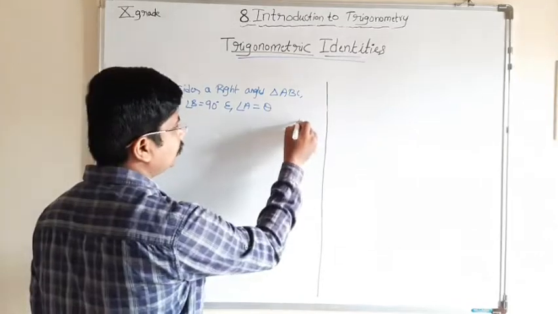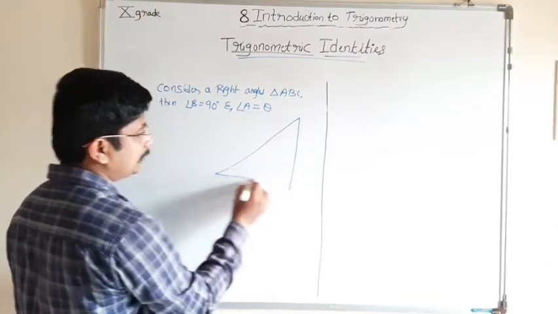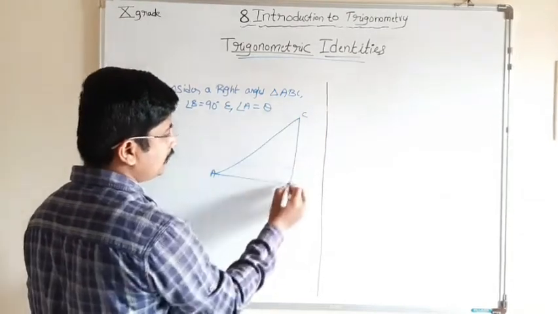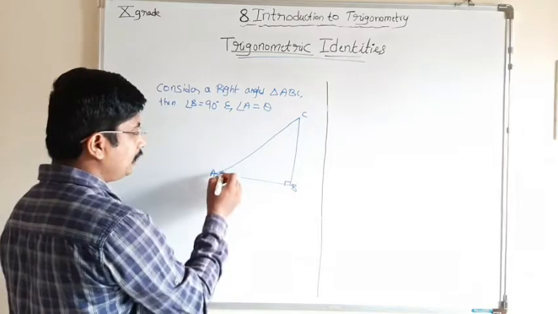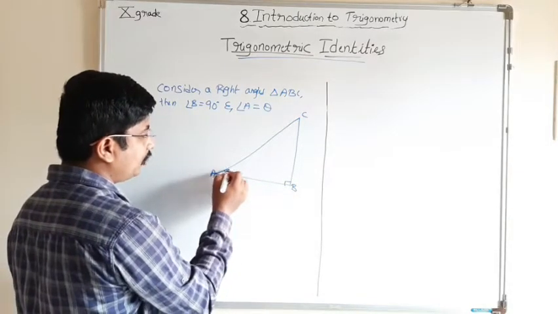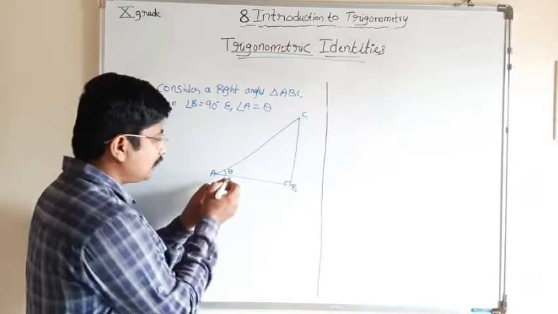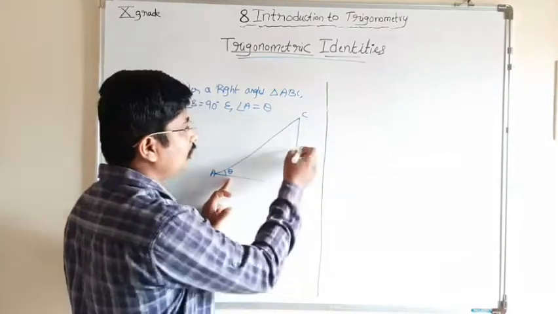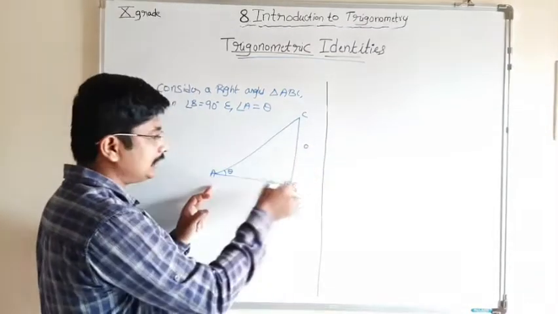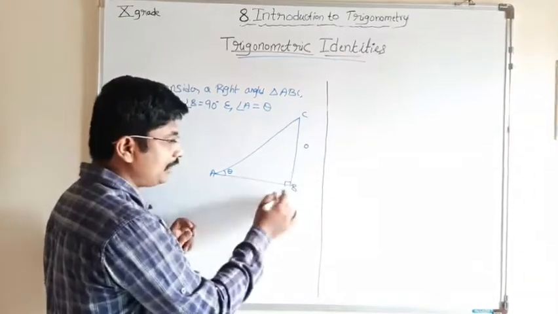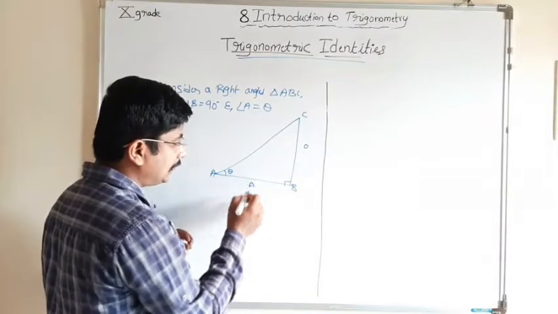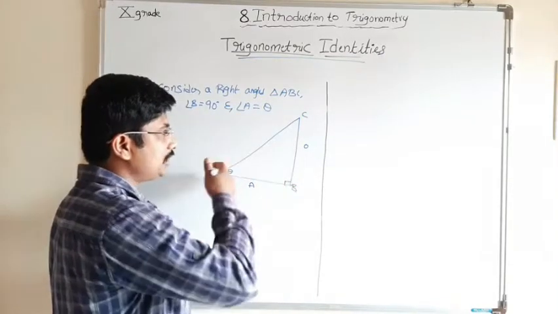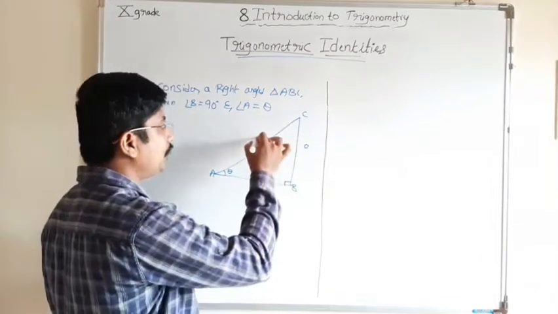Angle A is the angle of reference, theta. Its opposite side, BC, is the perpendicular, or we call it the opposite side. Its adjacent side we call the base, that is AB. And opposite the right angle B is AC, which is the hypotenuse.